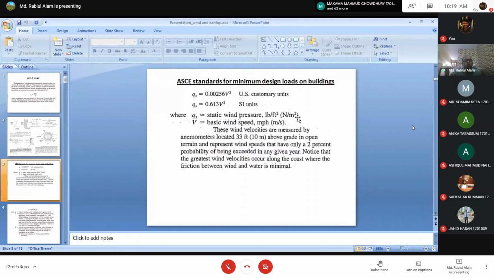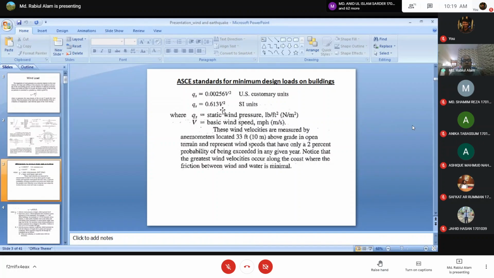But what unit of V has to be applied in this case? Your V must be in meter per second. Remember, whenever you put the velocity V in meter per second, you will get wind pressure in Newton per meter square, and the coefficient is different.